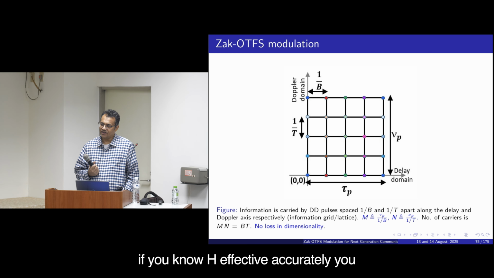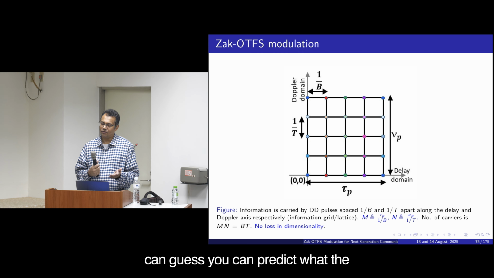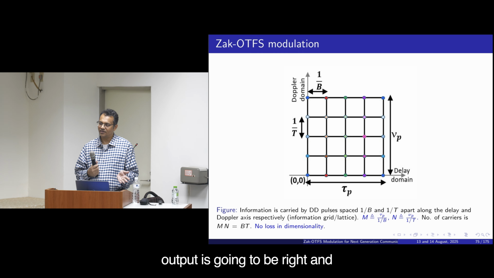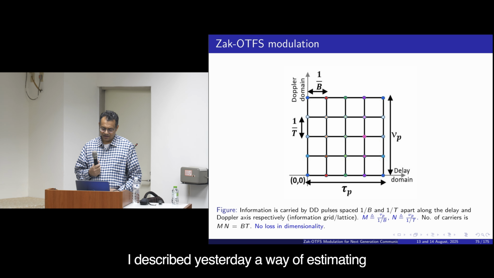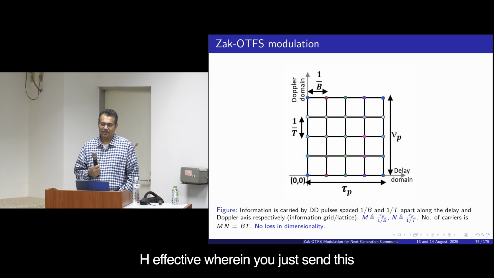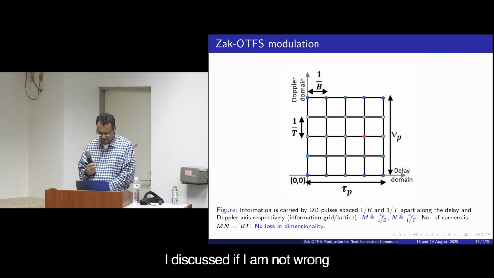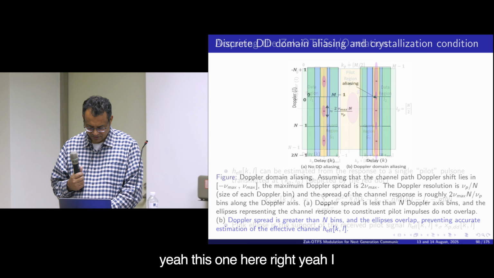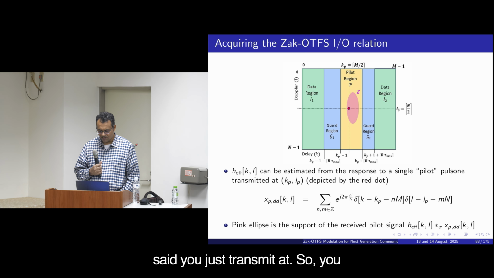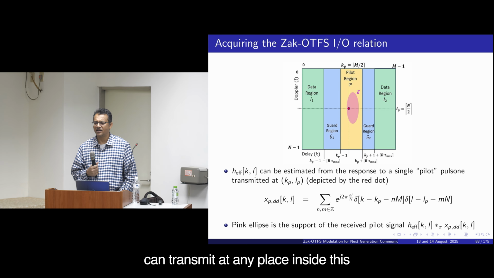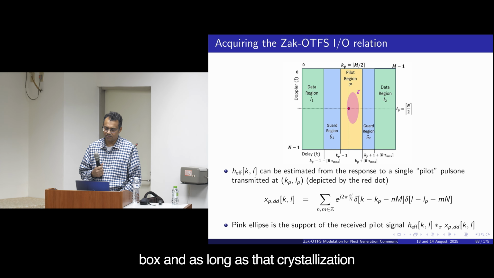So, if you know H effective accurately, you can predict what the output is going to be, right. And I described yesterday a way of estimating H effective, wherein you just send this standard pulson at 0 0. Well, I discussed, if I am not wrong, this one here, right. I said you just transmit at, so you can transmit at any place inside this box. Okay.